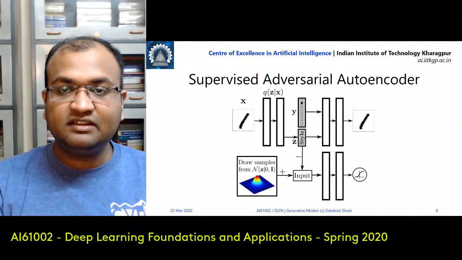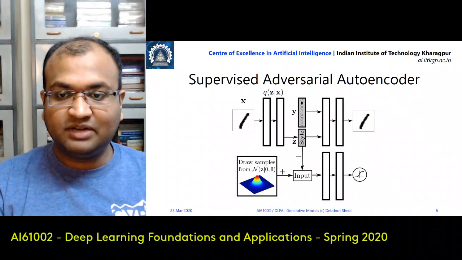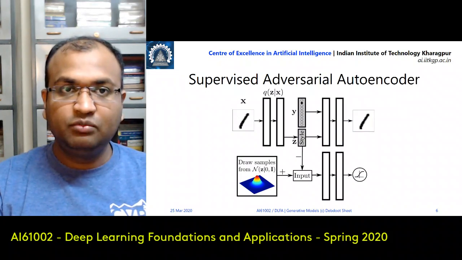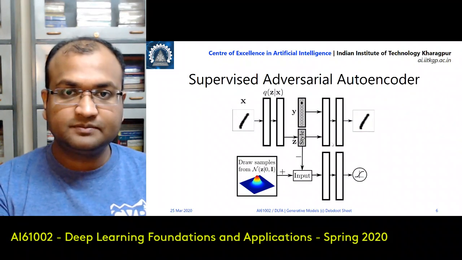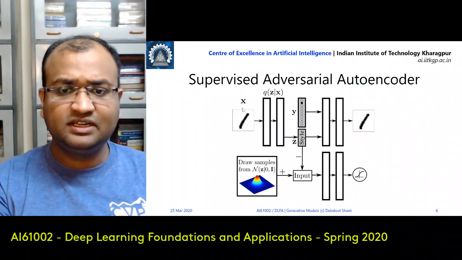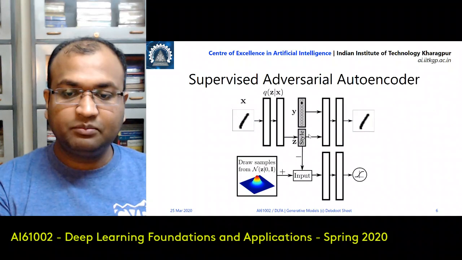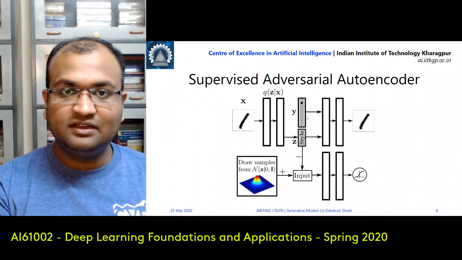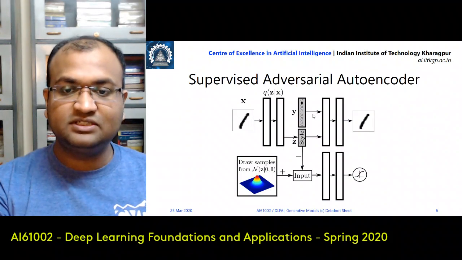The content is essentially the digit which I am writing, or the alphabet which I am writing over here. So the whole point within supervised adversarial learning is that you put in your digit over here, which is X, or some input, and you get your Z. Now the way we can decouple this content from style is if you get a Y, which is just conveying what the content is, which is the digit.